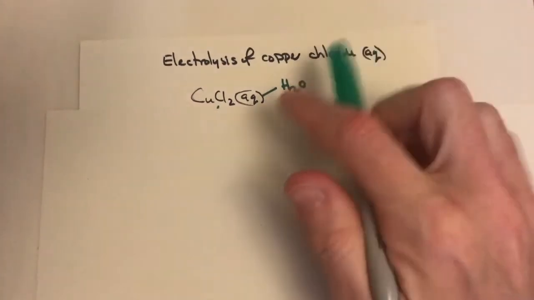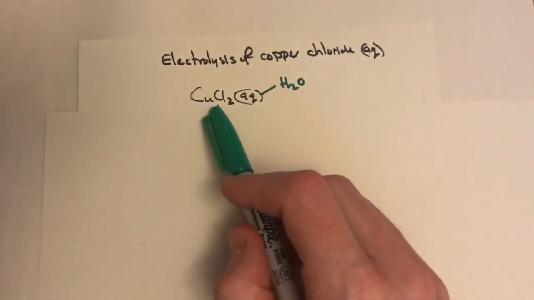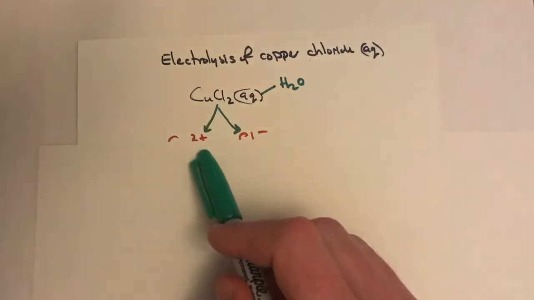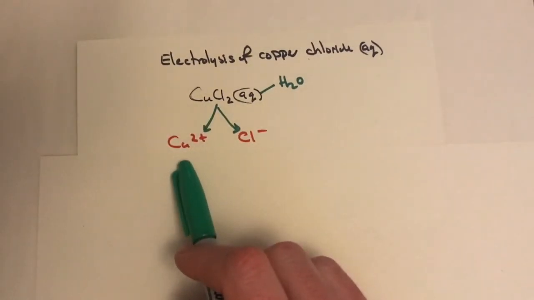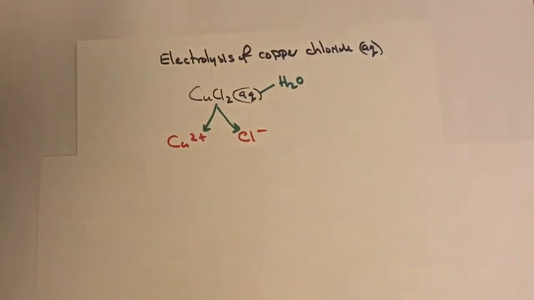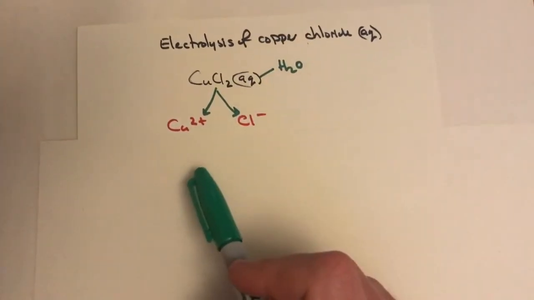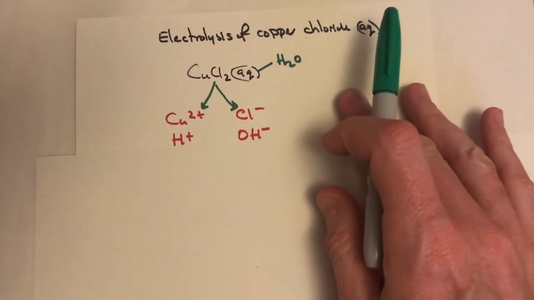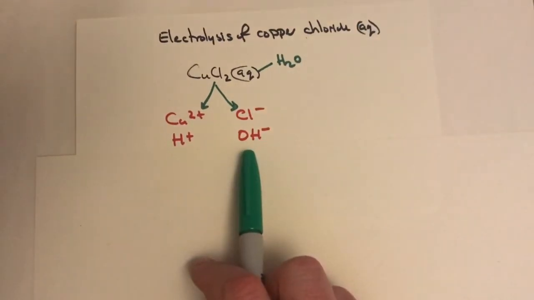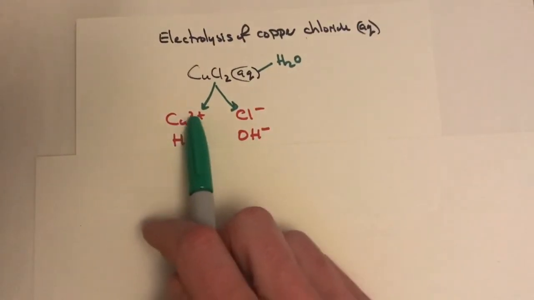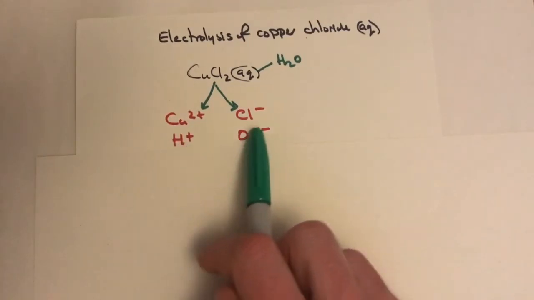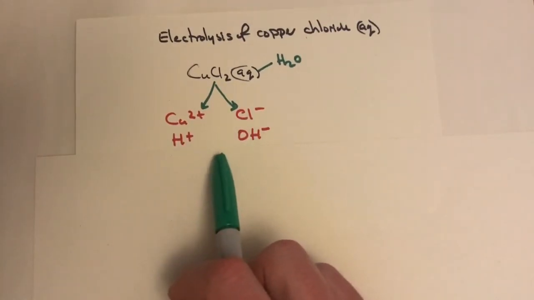So when I do that, my CuCl2 breaks down to give me copper ions, Cu2+, and chloride ions, Cl-. The H2O is also going to give me some ions, as we've said. It's going to give me H+ ions and OH- ions. So therefore, I've got two cations and two anions in this reaction.